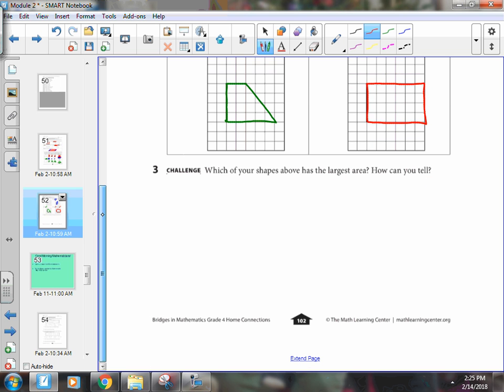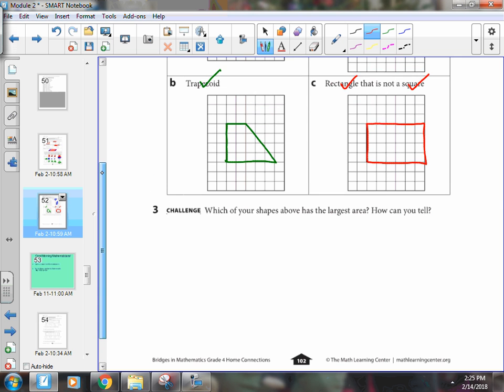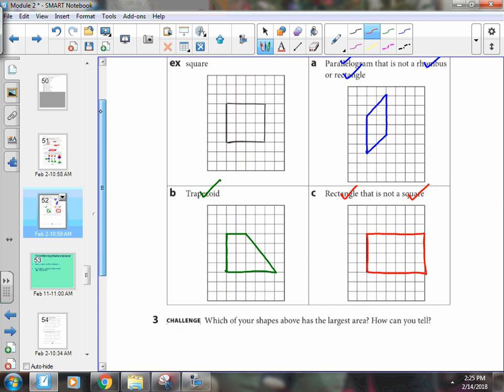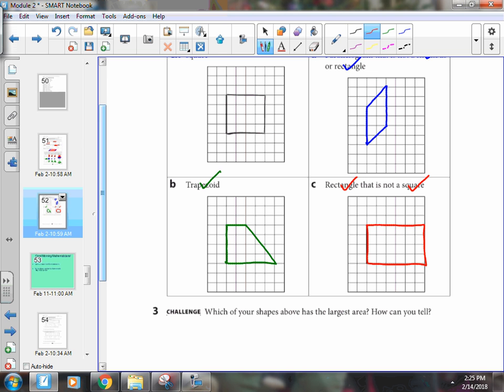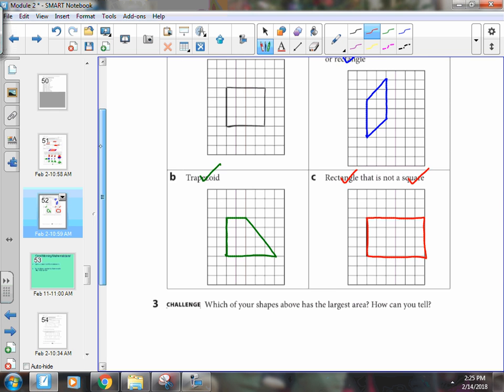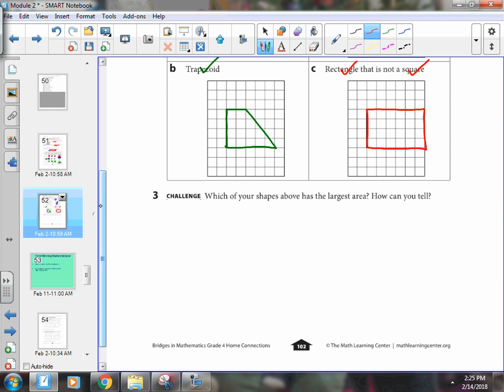Number 3, which of your shapes above has the largest area? This will be different if you drew different shapes than me. So area is how much space is on the inside. And on a grid, it's really easy because you can count the squares. So in my particular case, C has the largest area.